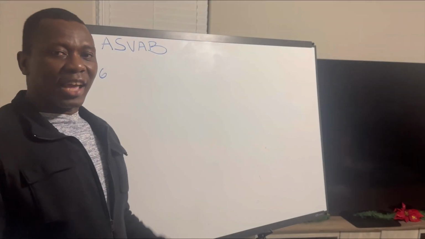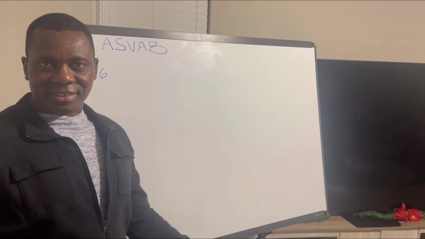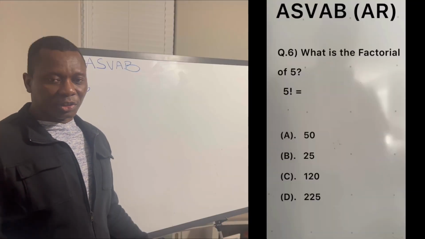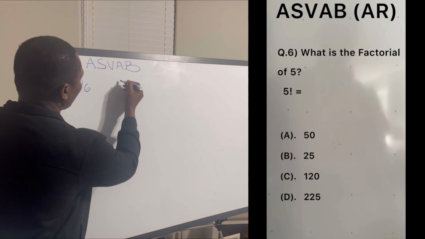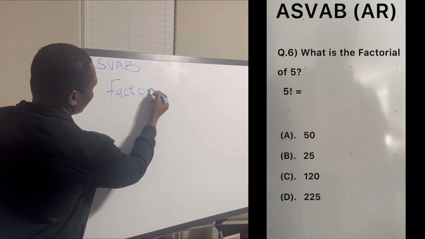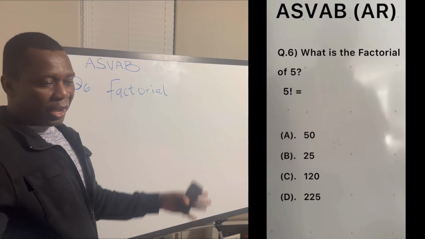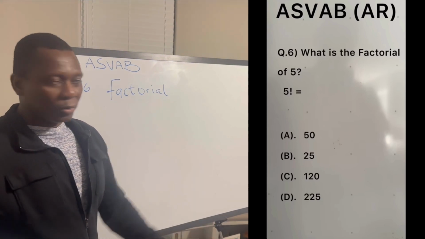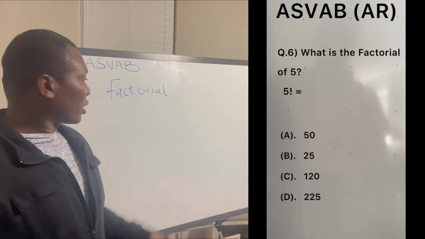Thank you. The last question of the ASVAB question, which is question 6, is a factorial question. And it goes like, what is the factorial of 5? For those who haven't heard about factorial before, or if you have heard it from your instructors before, what is a factorial?